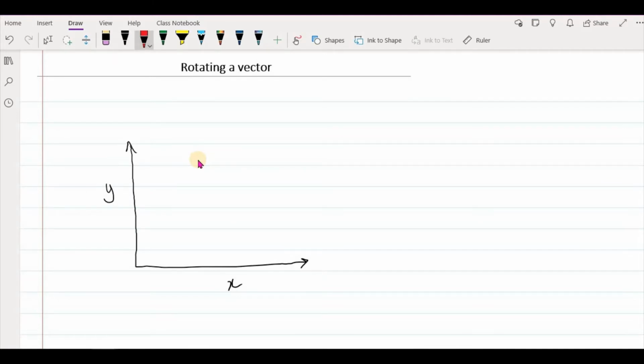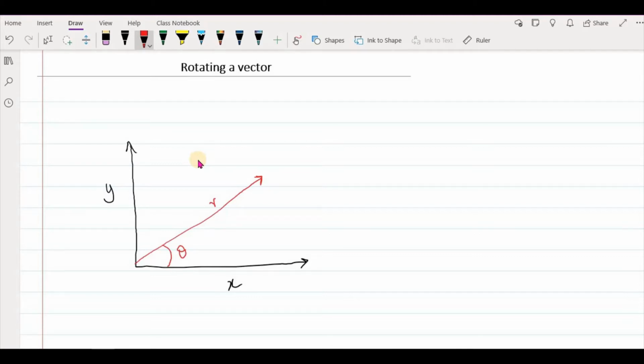Let's draw this vector with a line. The orientation is angle theta, and so this is a vector.